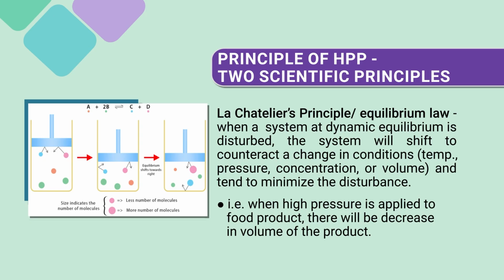There could be fewer molecules, a size change in the molecules, or some reactions. So what you see is that the sizes indicate fewer molecules: A plus 2B is indicated as C plus D. So this is a volume reduction. How does it take place? One thing is compressibility, but it is a dynamic equilibrium, so some reactions and interactions may also take place.